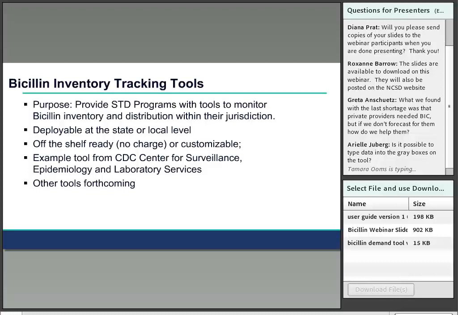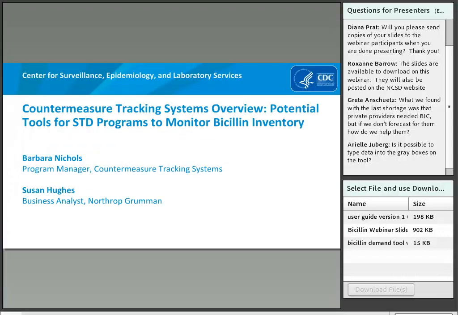We also encourage, if people locally have developed some tools that you find very useful and think are adaptable or shareable to other jurisdictions, please let us know, and NCSD especially can help foster that through our peer-to-peer technical assistance program and getting those tools out to people. So there's no sense in reinventing the wheel. Let's share what we've developed at the local level.